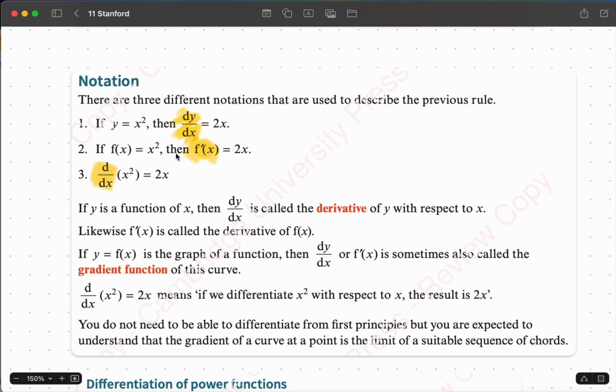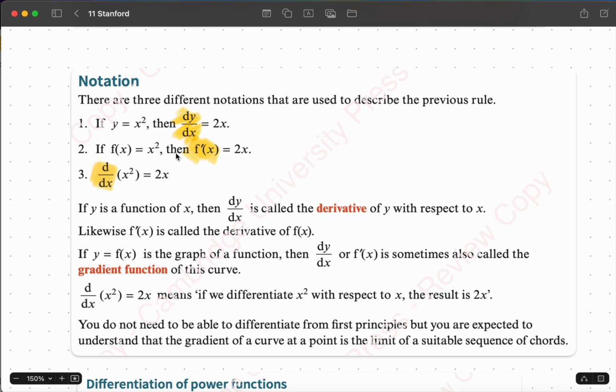It's different from the inverse: the inverse uses -1, but this is only a prime mark. So it's f prime. And the last one is d over dx and then the function in brackets directly. That is also a notation of the derivative.